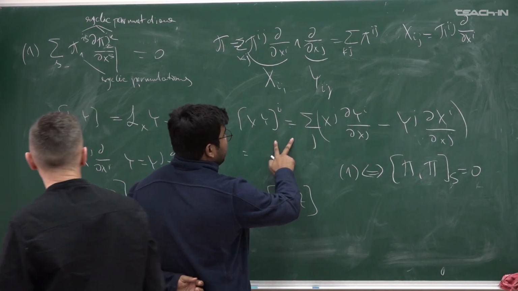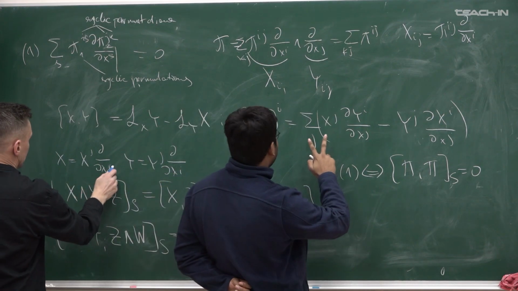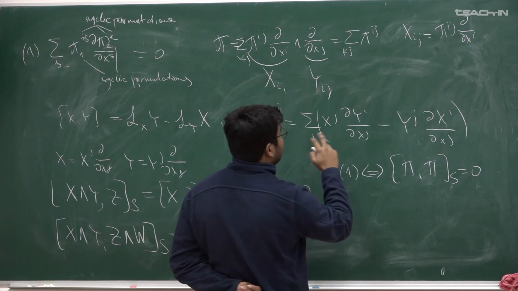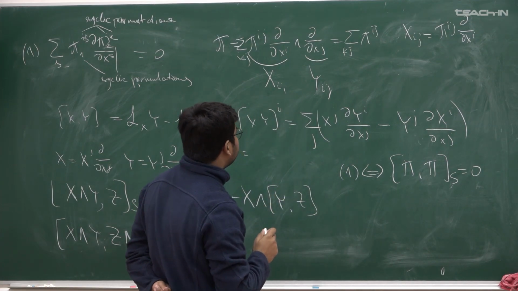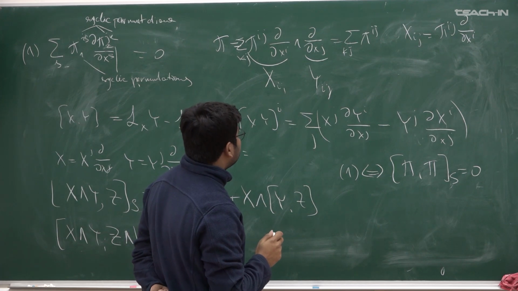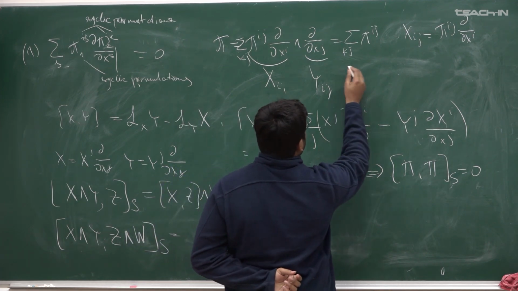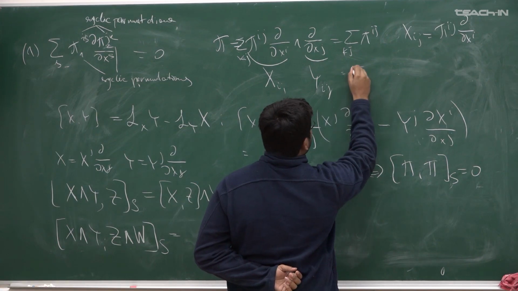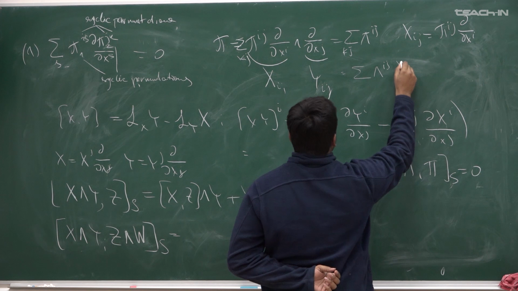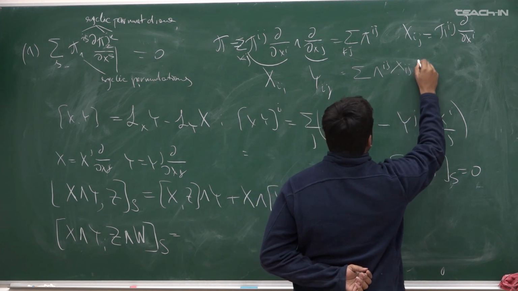Okay, so I think we can find it from here. Right, so if I write compactly, it will be for now ij is X_ij, right?